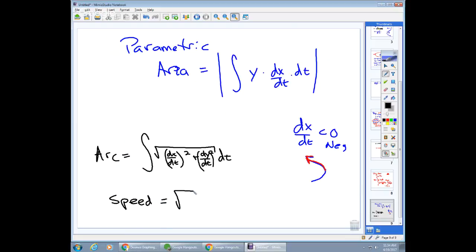So speed is just the square root of your dx dt squared plus your dy dt squared. Now notice I'm calling it speed, not velocity, because I lose track of the direction because I have the square root of squares, so we lose direction there. So that's another useful one there.